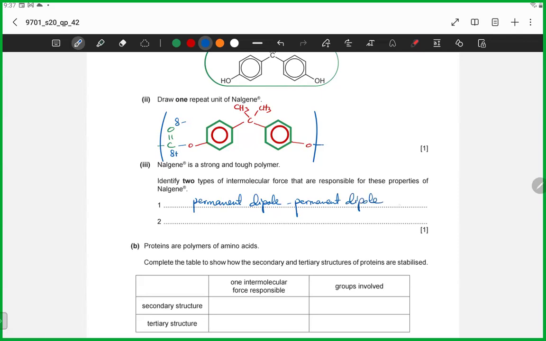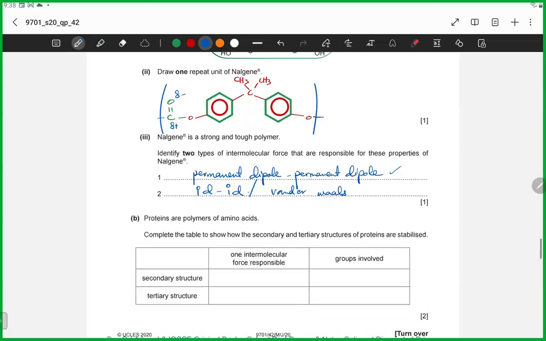So that's the first thing. The other one is that it definitely doesn't have hydrogen bonding. The only other thing is that it's got van der Waals forces, or instantaneous dipole induced dipoles. Or in brackets you can write van der Waals.